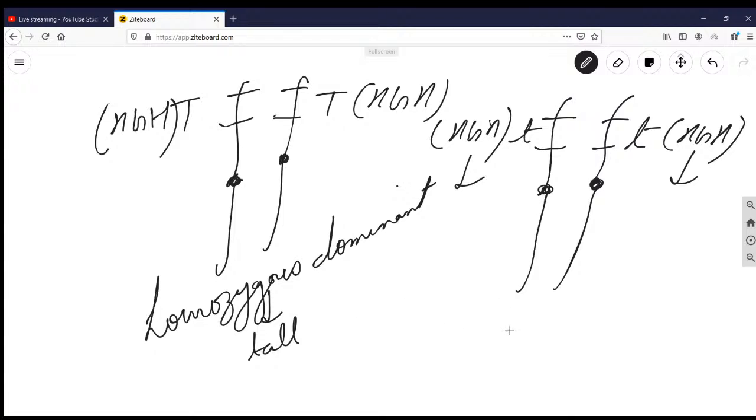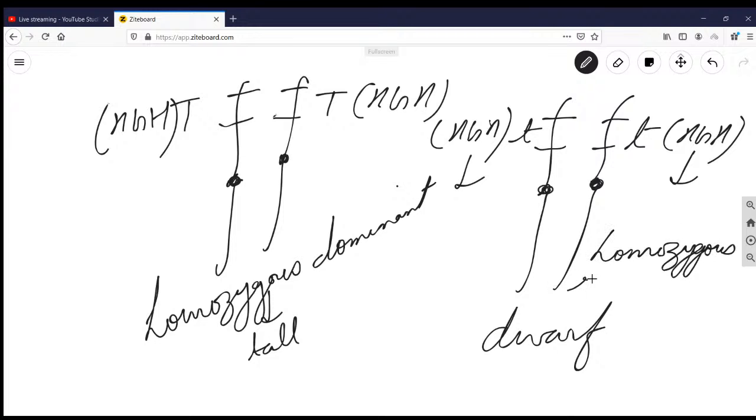The person phenotypically will be a dwarf. This is again a homozygous condition, but homozygous recessive.